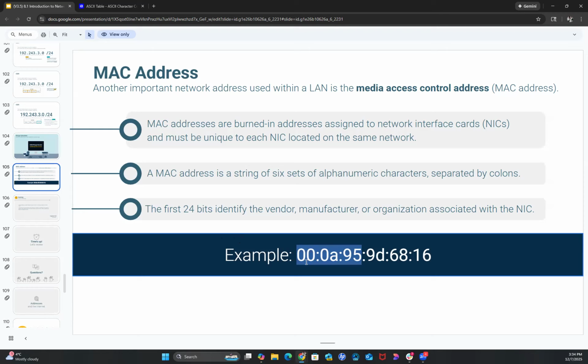Understanding that the MAC address can also indicate the manufacturer of a network device can be helpful. It provides an ability to identify devices that are located on the network. You can check your own MAC address.